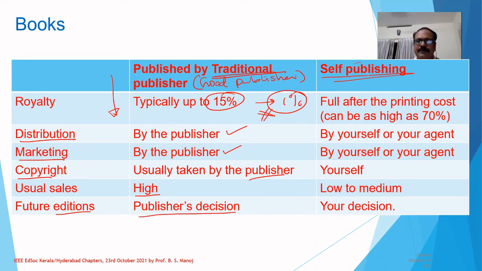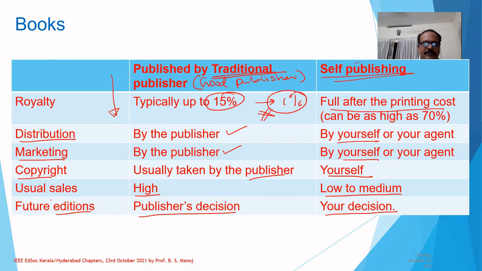Whereas when you choose the self-publication option, you will get a much higher royalty, but the responsibility for distribution and marketing will be yours, and you usually do not have a mechanism to do that, and therefore your sales will be low to medium, and you will hold the copyright. Future editions can be your own decisions too.